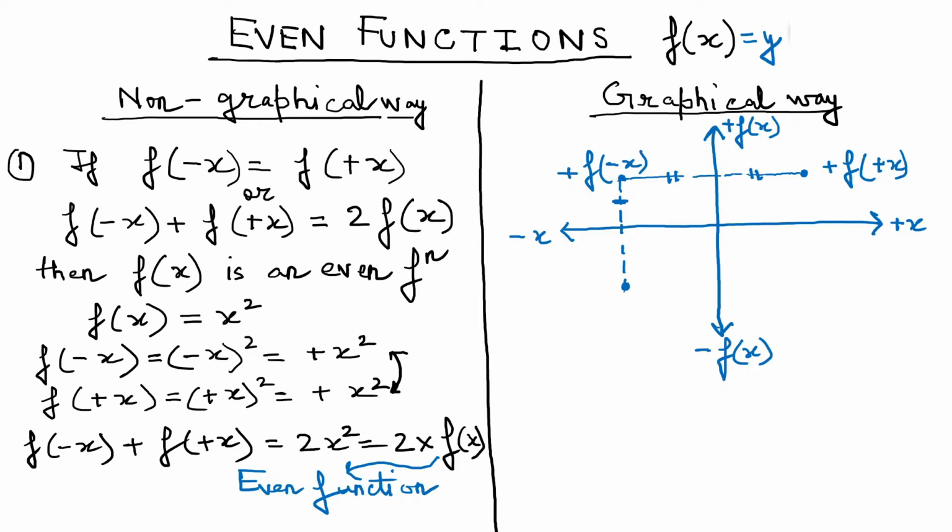So let's say this is equal to this, these are equal. In that case, this goes into the third quadrant, which is minus of f of minus x. And then if I take this point as equidistant and I bring this point here, in that case this point comes out to be minus of f of plus x.